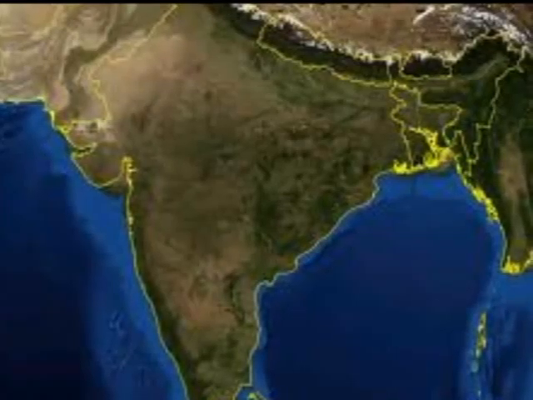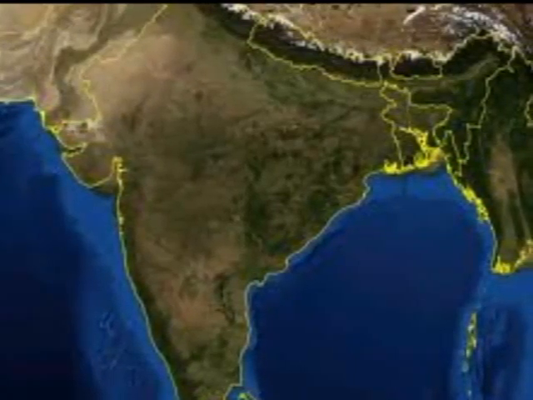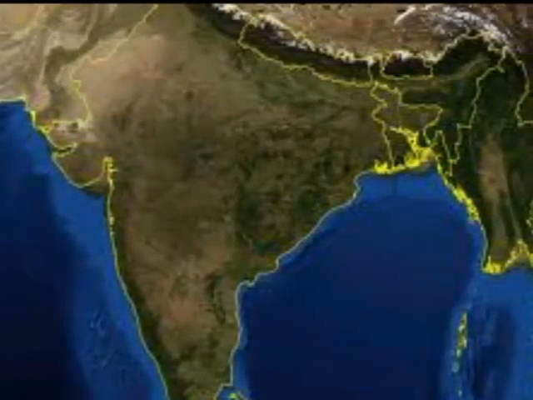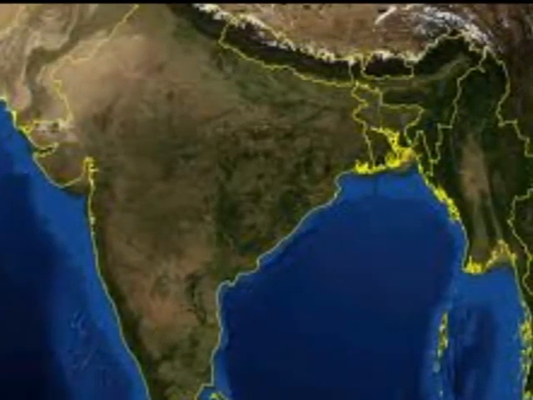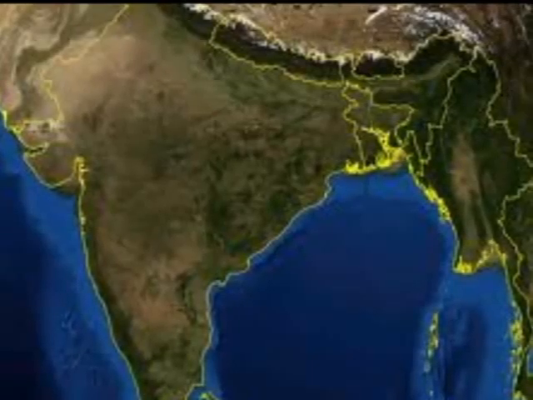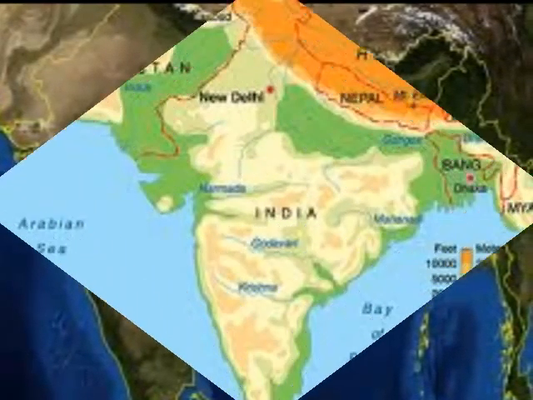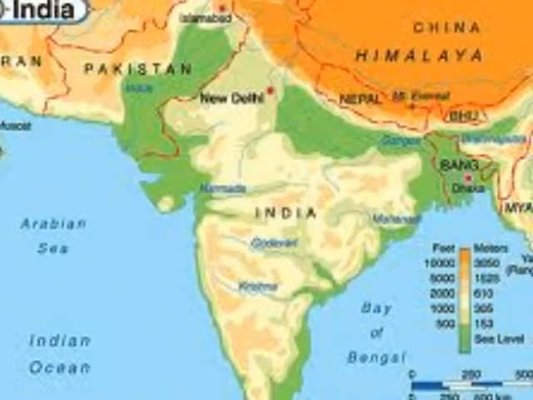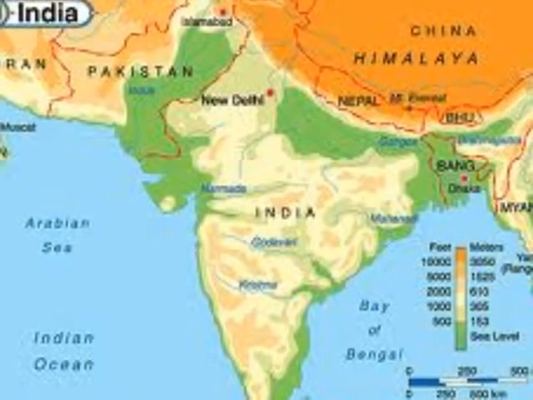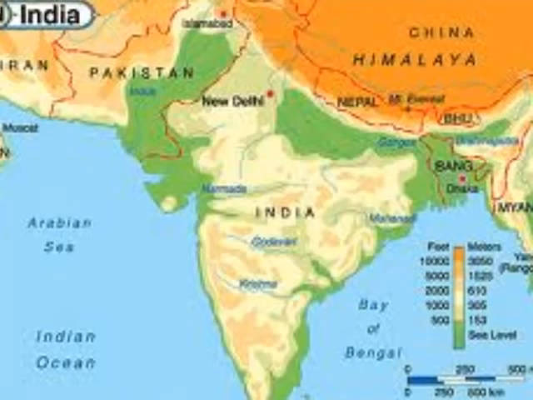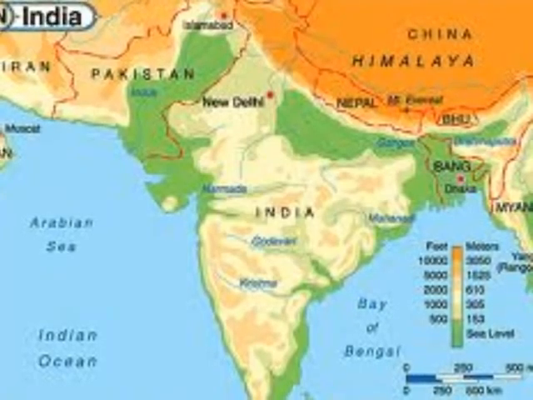So looking at the geography, we have the subcontinent of India itself. And a subcontinent just means that it's a large landmass that juts out from a continent. And so the subcontinent of India juts out from the continent of Asia. It includes three countries, that is India, Pakistan, and Bangladesh.